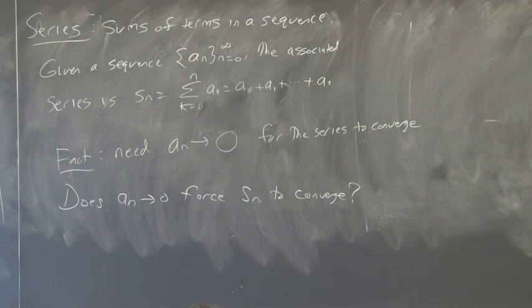If an going to 0 is going to cause trouble, it's going to come down to how quickly an is going to 0. So what do you think might give us some trouble for the series to converge? If an is going to 0, how? Do you think it's a question of an going to 0 quickly, slowly? What do you think is going to cause us trouble?